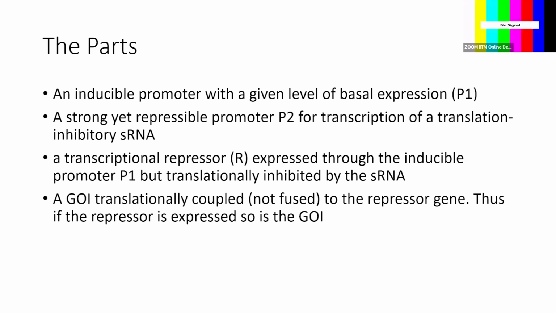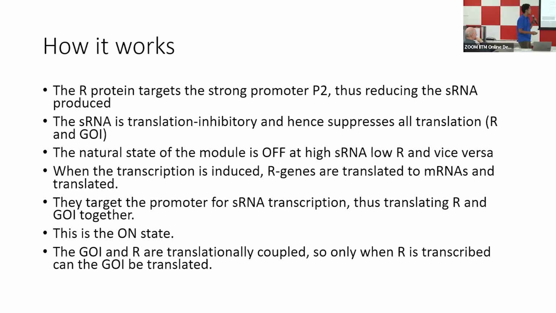So that is what the last point means to convey, that it is translationally coupled to the repressor gene. The translational coupling is done through various methods depending on the example. So yeah, this is a summary of how the digitalizer module will work.